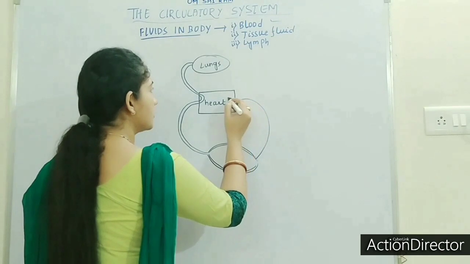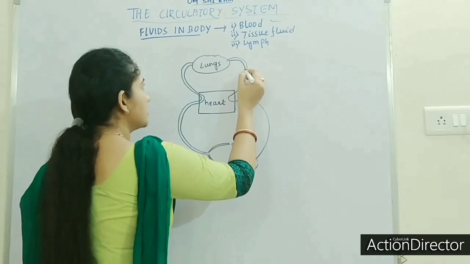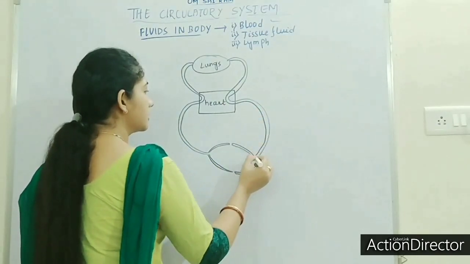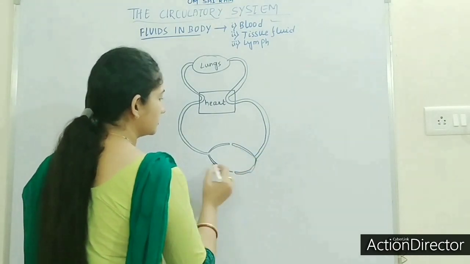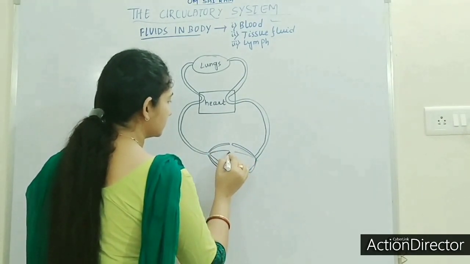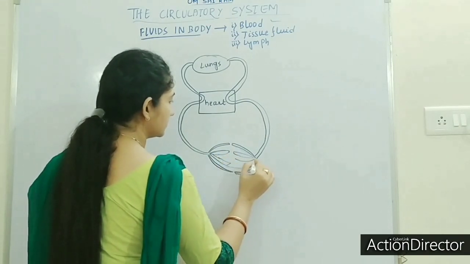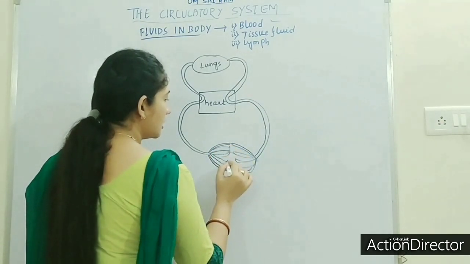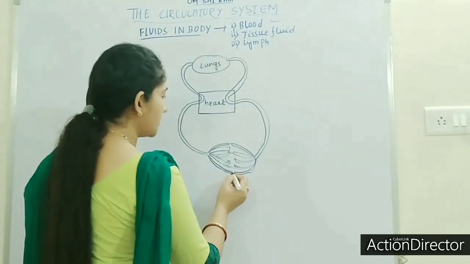So one side of the heart is connected with vein and another side with artery. This is a connection between veins and arteries. We can call it capillaries.